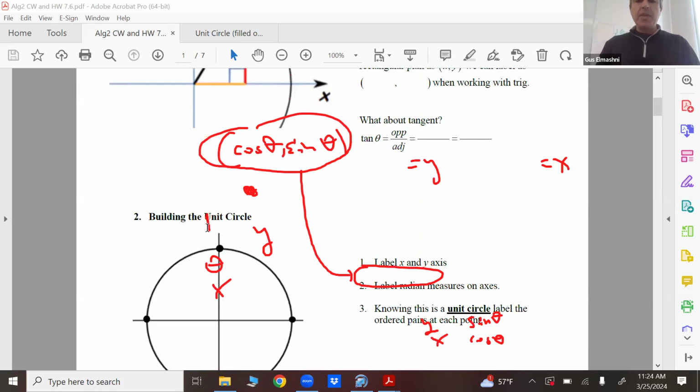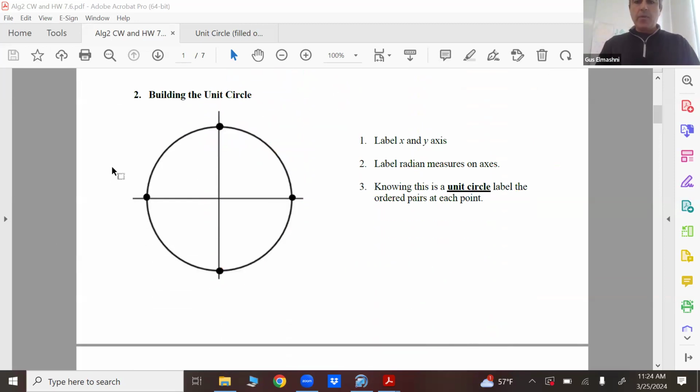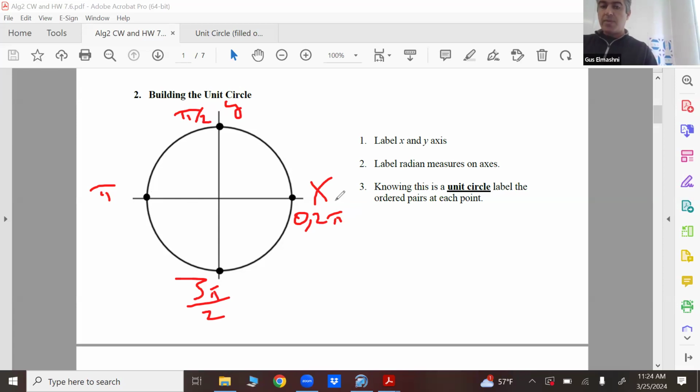Now, building a unit circle. How do you want to build it? Well, label x, y axes. So duh, that's x, that's y. Label the radian measures on the axes. Okay, so that's going to be 0 radians, pi over 2 radians, pi radians, 3 pi over 2, and back to 2 pi. Remember, it's 0 to 90 to 180 to 270 to 360.